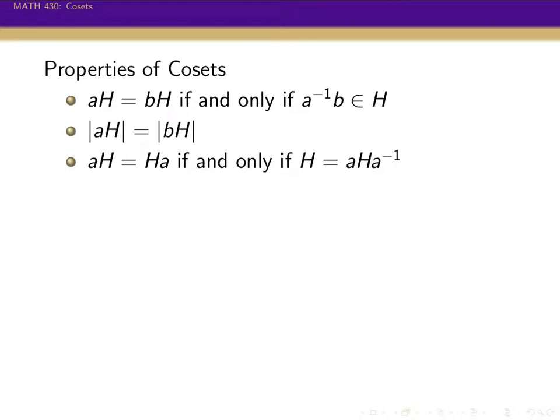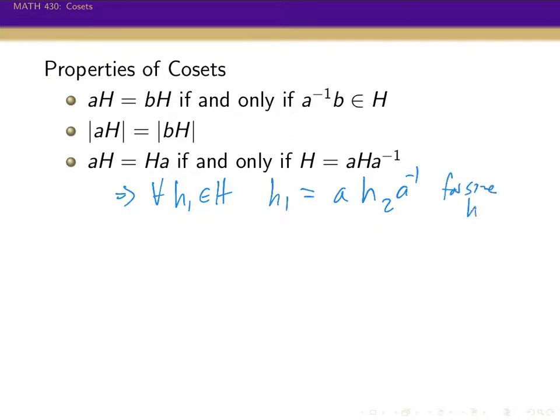So if H is equal to AHA inverse, then this means that for any H1 in H, H1 is equal to H2 A inverse for some H2 in H. And so then we have H1 A is equal to H2.